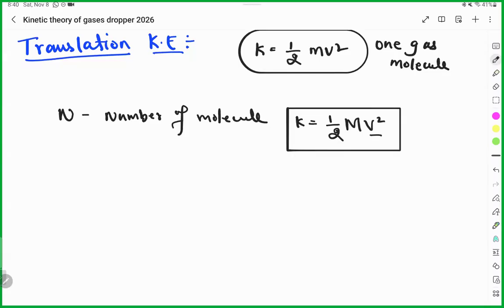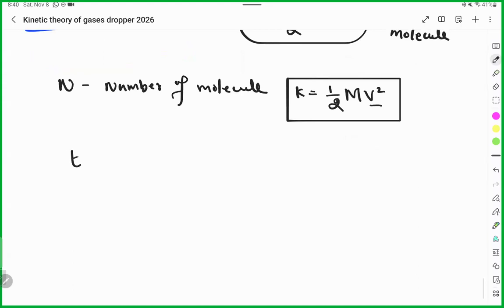Okay. So if you calculate total kinetic energy in the translational motion, it will be 1 by 2 total mass M, and here you will have VRMS square. You can ask how you got this, because our initial kinetic energy was half small m v square, correct?